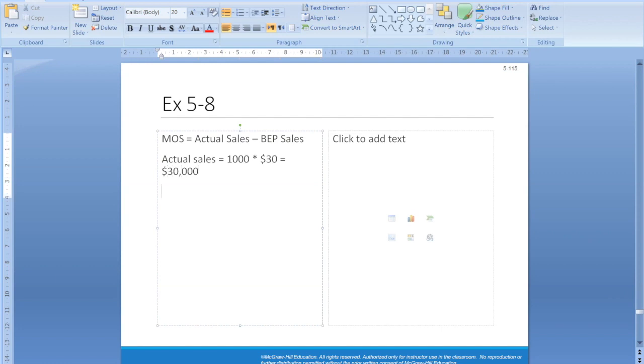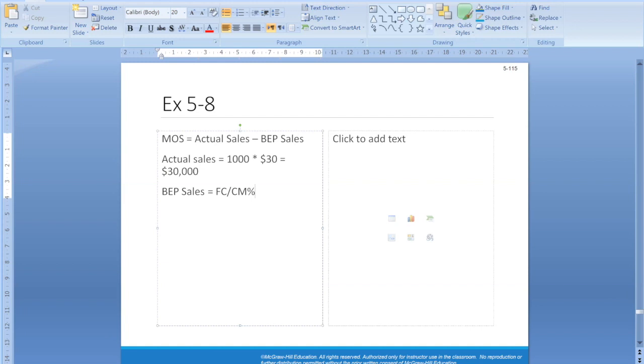Now, what is the break-even point sales? This can be calculated by two methods, the equation or the formula. I prefer the formula. So the fixed expenses divided by the contribution margin ratio. Why?